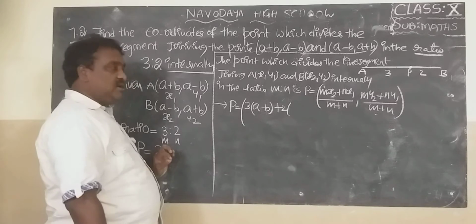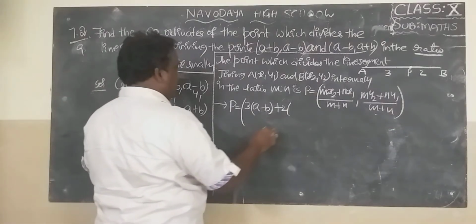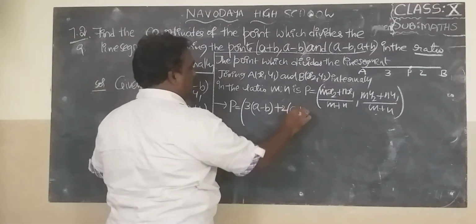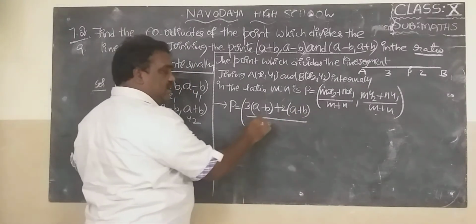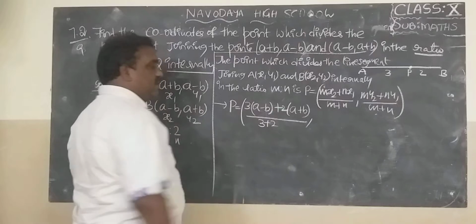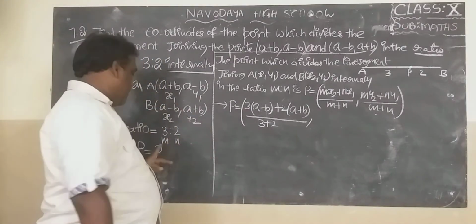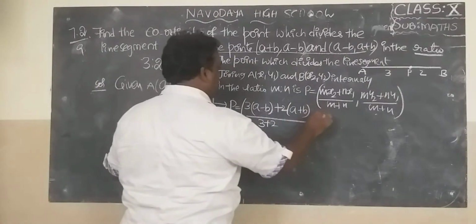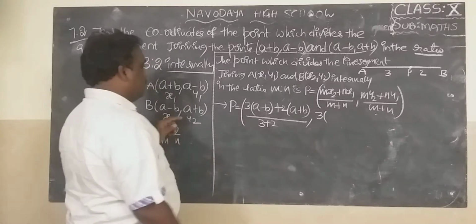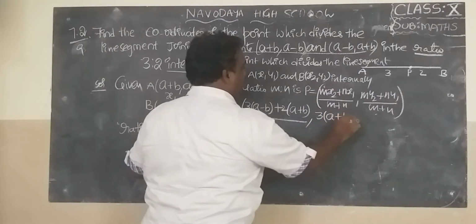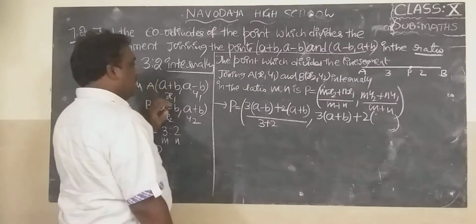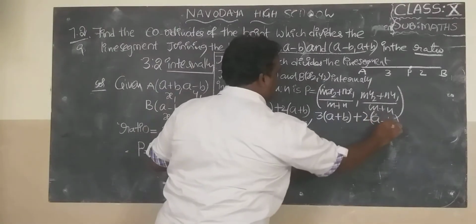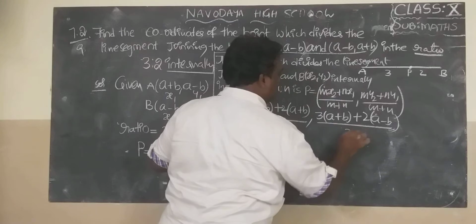What is x1? a plus b, by m plus n, 3 plus 2. Again my2. What is m? 3. What is y2? a plus b, plus ny1. What is y1? a minus b, by 3 plus 2.